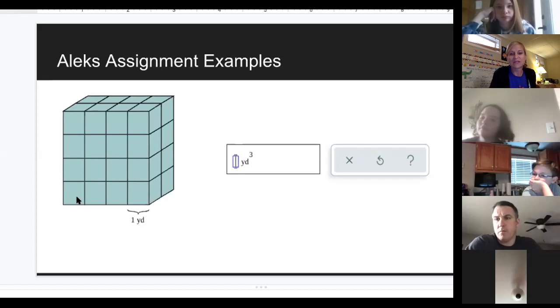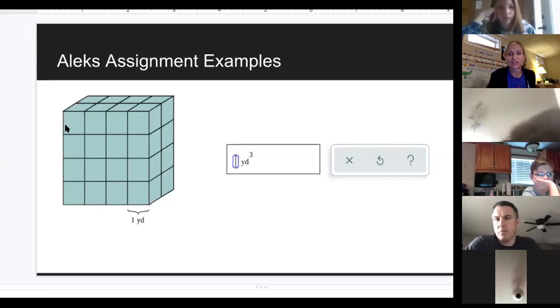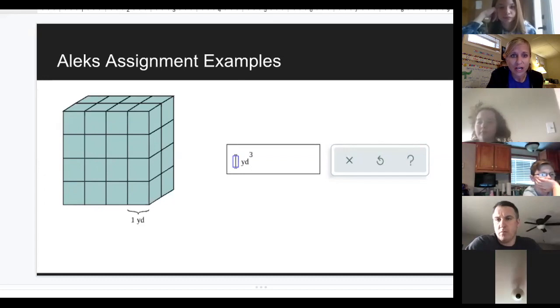The first thing we see is a box. This one's easy because you can just literally count the outside boxes. It says I can annotate, so let me see if I can draw in here.